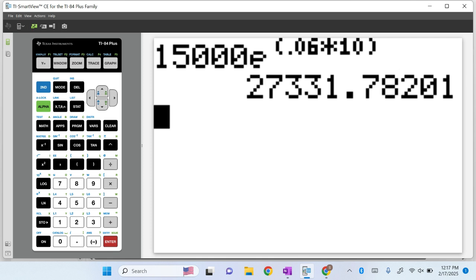I won't take off points if you say equal, but get into the habit of making approximations, because you have to know in your mind that this is an approximation. We don't get exactly $27,331.78. That's the approximation of it. It's more just me being a mathematical stickler, but it's a good habit to get into when you're rounding.